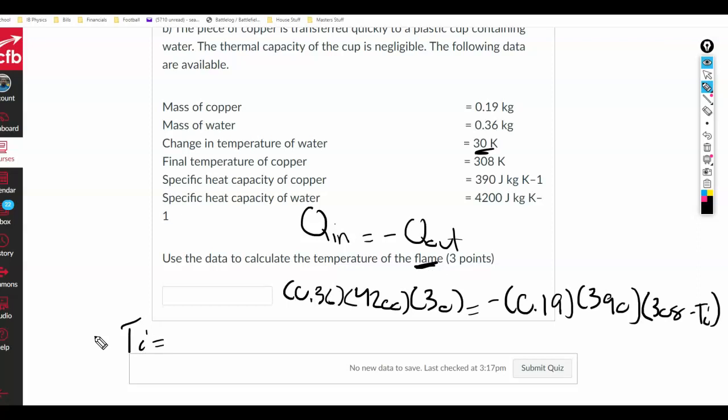Your answer really just depends on which version of the test you have, so I will tell you what it should be with these particular calculations. Give me just a second. So 0.36 times 4,200 times 30.